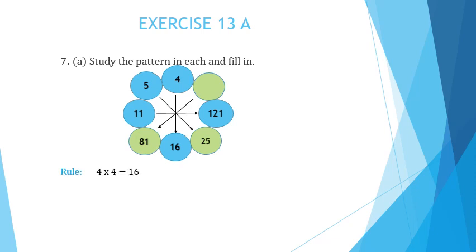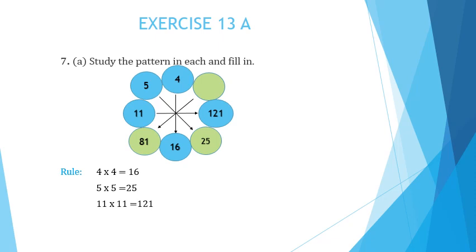According to the rule, 4 multiplied by 4 is equal to 16. 16 is the number which is written opposite of 4. And how do we get 16? By multiplying 4 by 4. In the same way, the number written opposite of 5 is 25, and how do we get 25? By multiplying 5 by 5.